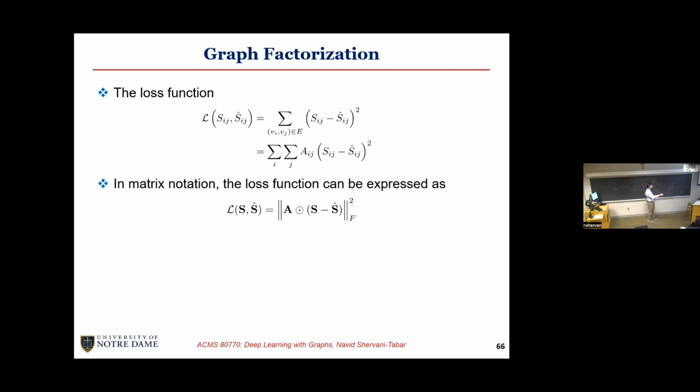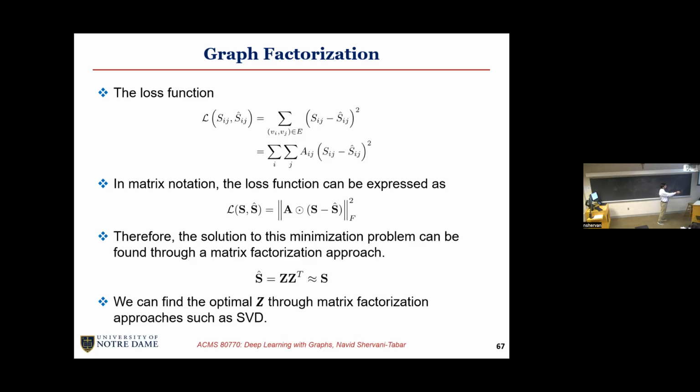Now, I can rewrite this in matrix format. I can write it as a Frobenius norm. And here you can see this is just an element-wise product between the matrix S minus S hat and the adjacency matrix. Then your problem comes down to approximating a factorization of your similarity matrix. If you want to minimize this, you can say that these two are approximately equal to each other.